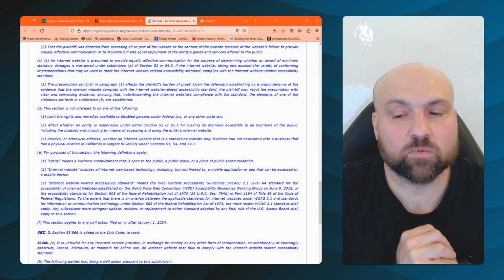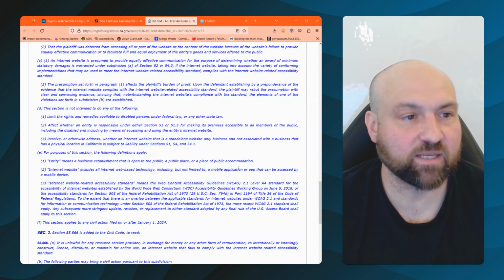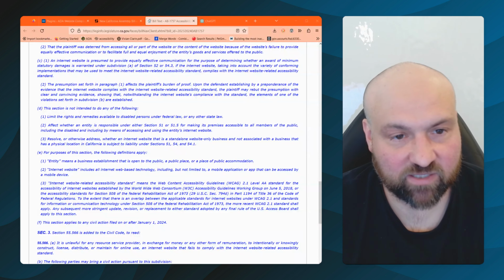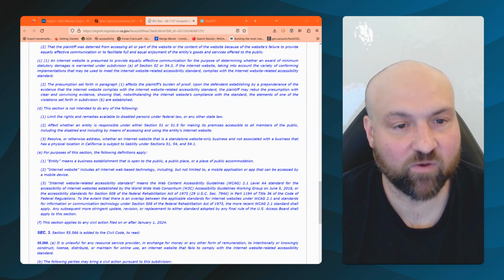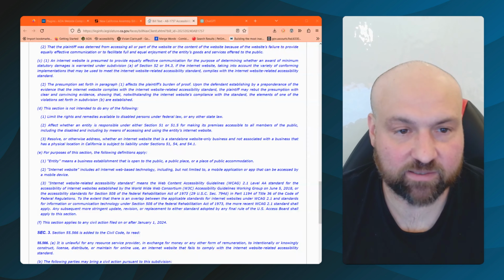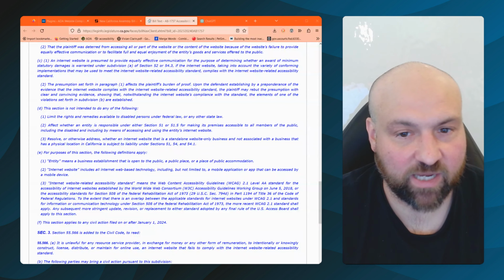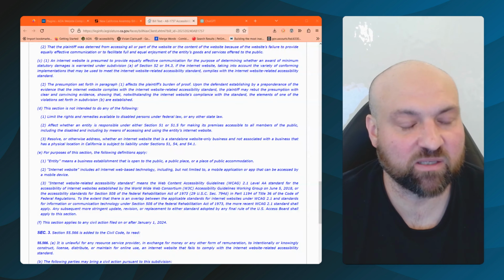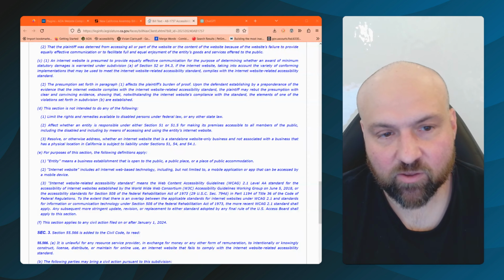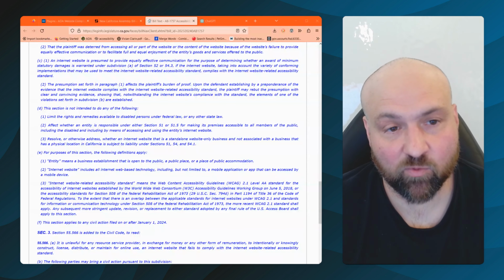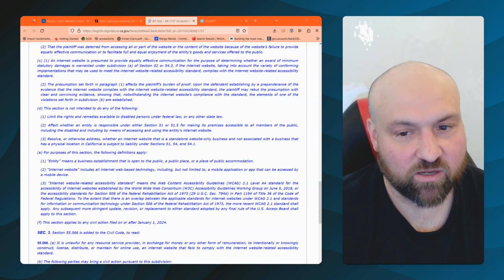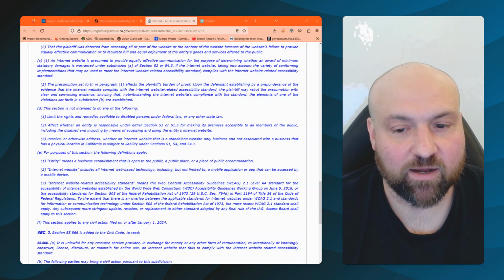Okay, so there are so many details that are glossed over here, and this just makes it incredibly difficult to defend. What if you have a website that is fully conformant with the Web Content Accessibility Guidelines, save for a few technical issues, and those issues are something very slight, like having a 4.3 to 1 contrast versus a 4.5 to 1 contrast, which is the required threshold in the Web Content Accessibility Guidelines.